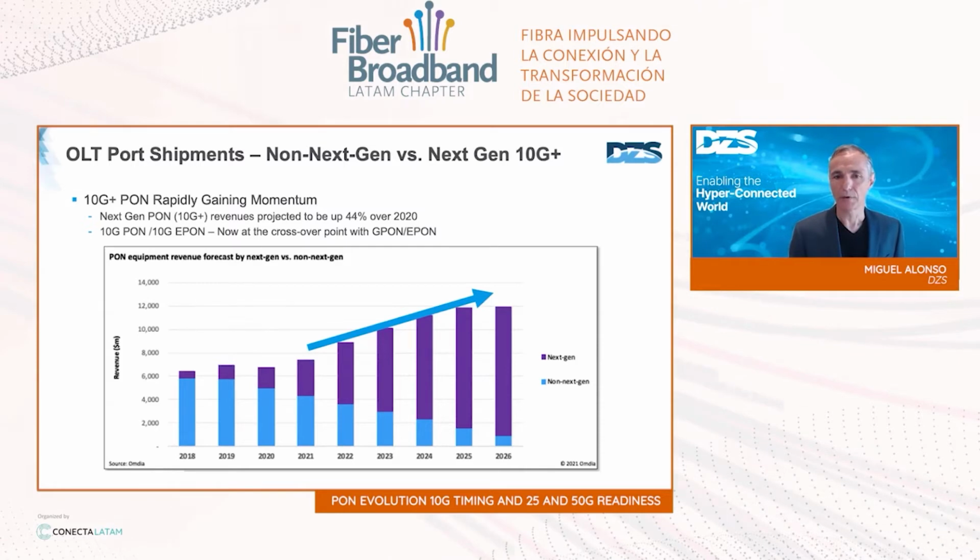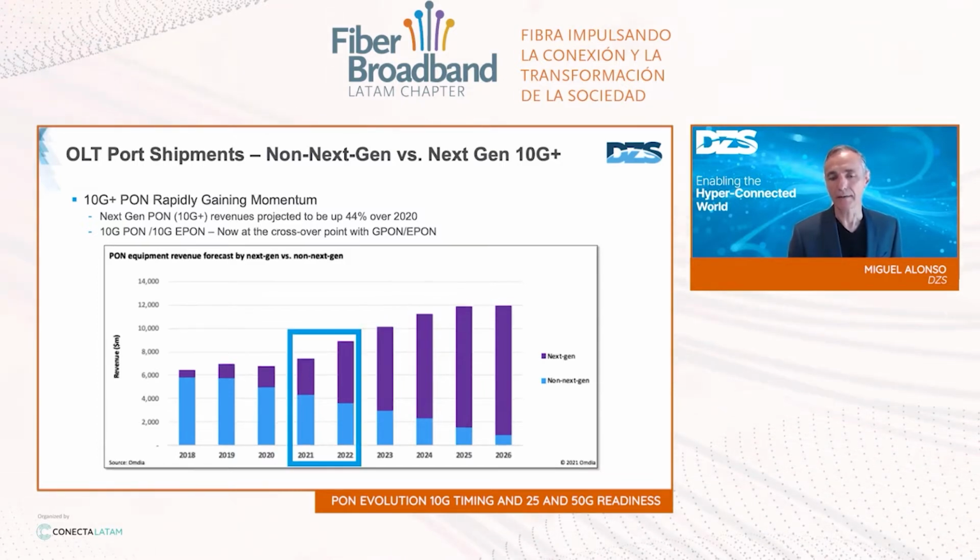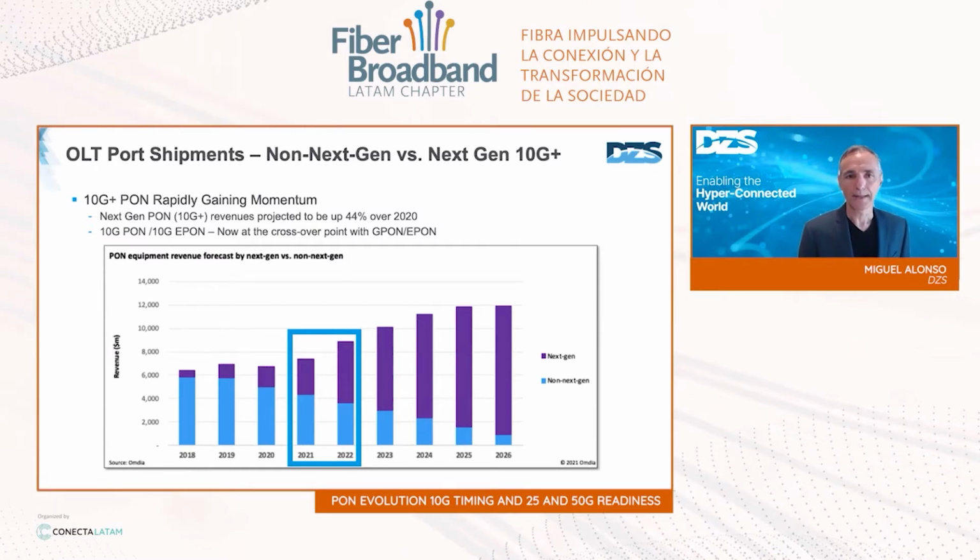When you run the numbers starting in 2020, over the next 5 years, that growth could be as much as 44%. The other remarkable thing on this chart and this study put out by Omdia is the fact that not only is XGS-PON not the future, it's the present, but also there is an expectation that starting in 2022, the shipments of OLT ports for next-gen PON systems is going to eclipse the traditional PON deployments.